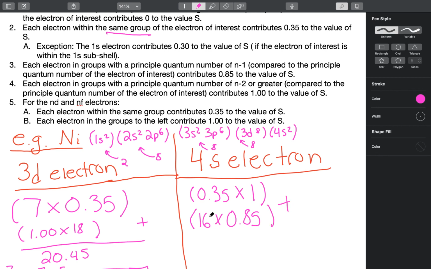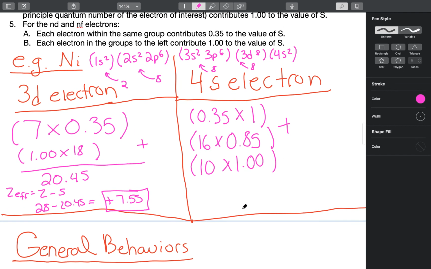However, we're not done yet. We also have this last bit of electrons here. And the rule that applies to this is rule number 4, which states that electrons in groups with a principal quantum number of n-2 or greater compared to that of the principal quantum number contributes 1 to the value of S. So therefore, all we have left is 10, so therefore 10 times 1.00, and when you add all of these together, you should get a value of 23.95.